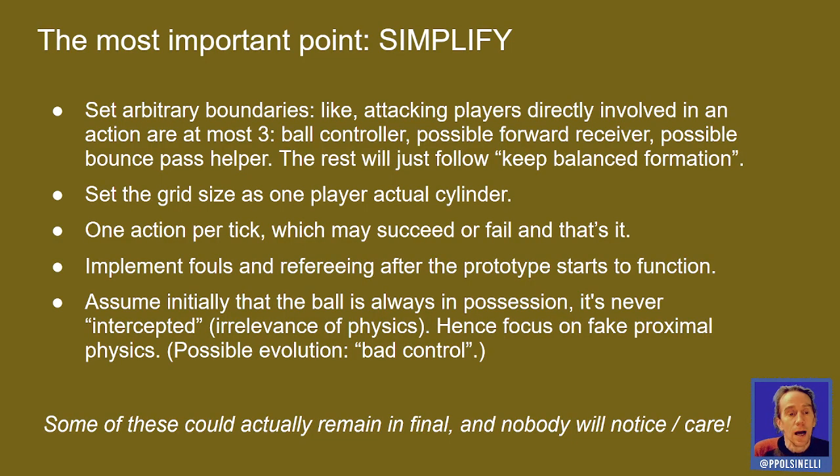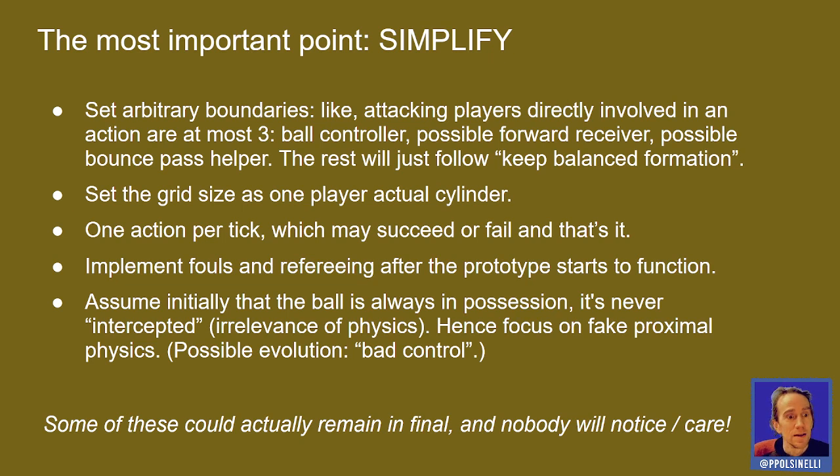Yeah, and so how can you get to a prototype? Well, at a certain point you have to make a lot of choices in this framework that we define, and adopt arbitrary boundaries. Like the attacking plans never involve more than 3 players, and the others just keep information with respect to the gravity center of the team.